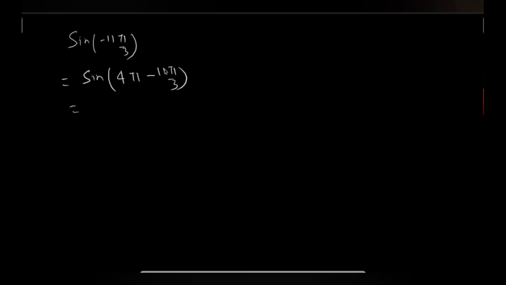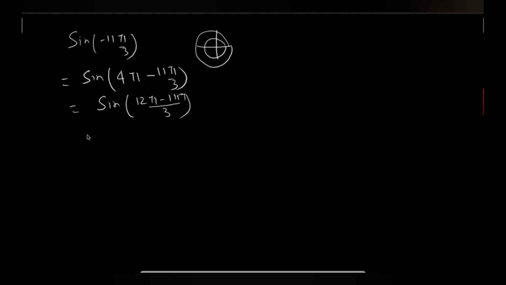I have just added 2 pi, which means I have rotated once and then rotated twice. Once you do that, you will be reduced to sine of 12 pi minus 11 pi by 3, which is nothing but sine of pi by 3, which will be nothing but root 3 by 2, right?